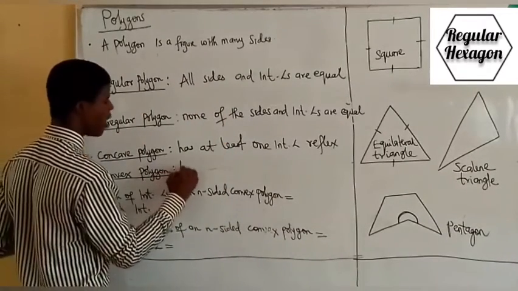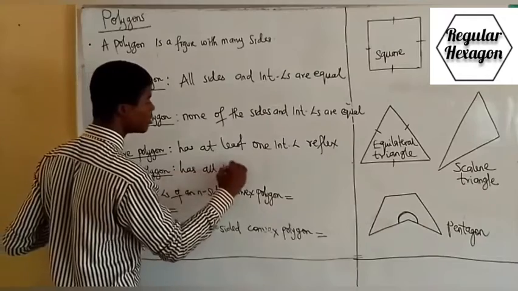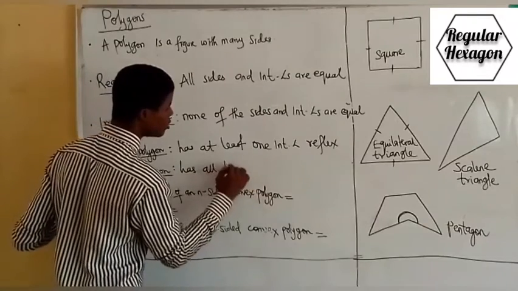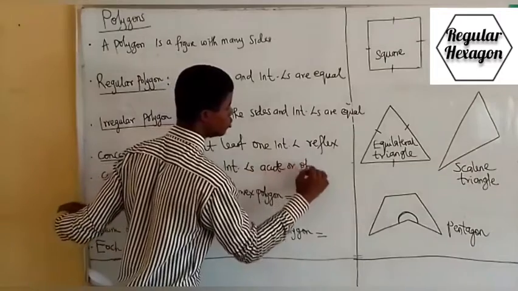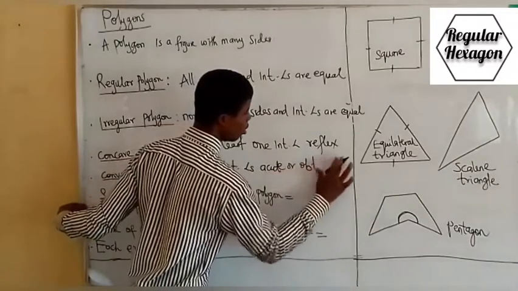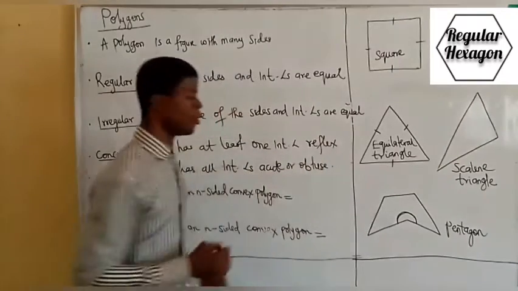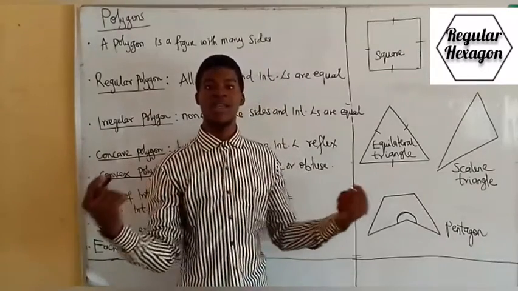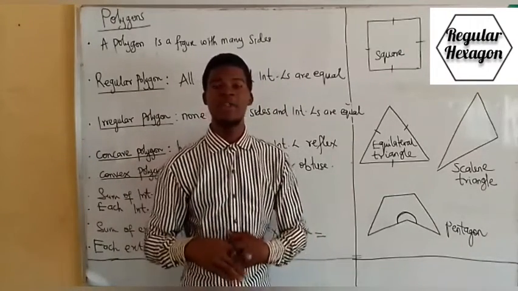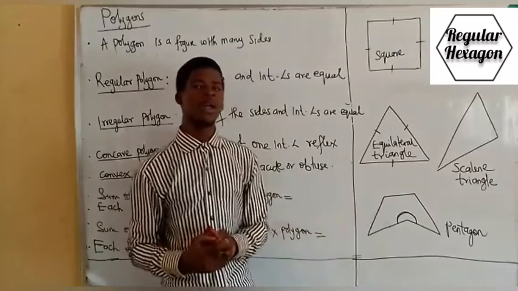What about a convex polygon? A convex polygon has all interior angles acute or obtuse. For a convex polygon, all the interior angles, that is all the angles that are inside, are either acute or obtuse angles. Now what is an acute angle?